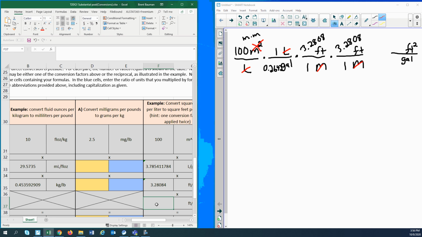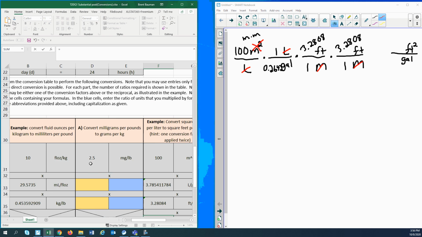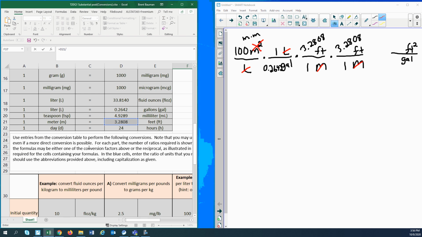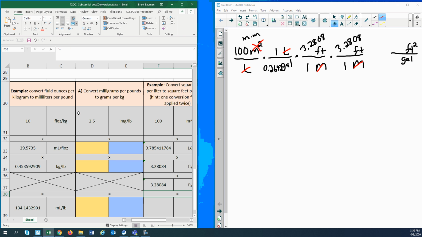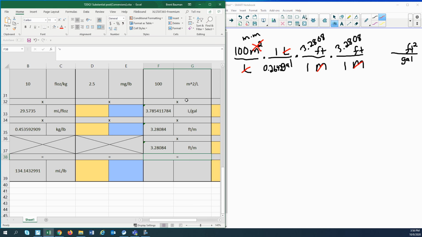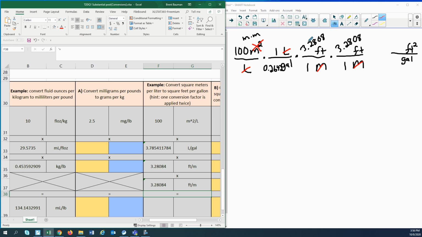And again, same idea. Okay, copy paste that. I have my feet per meter. Okay.